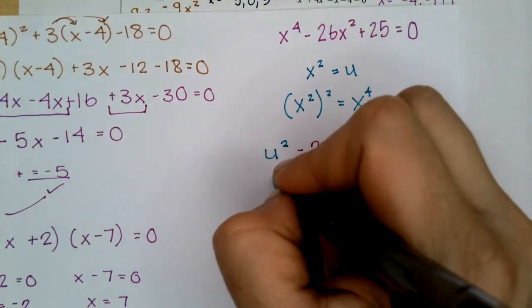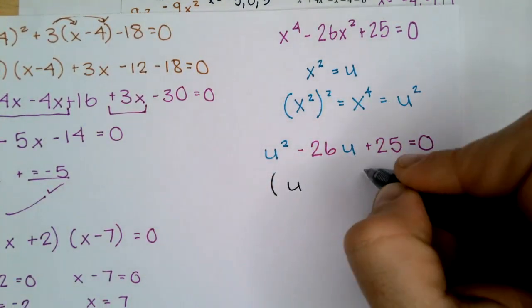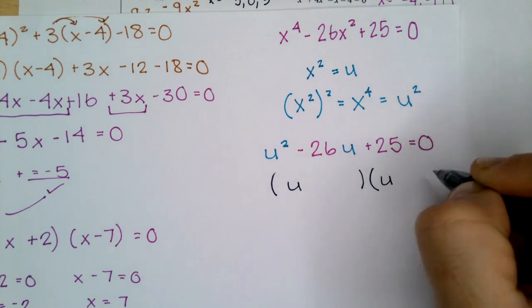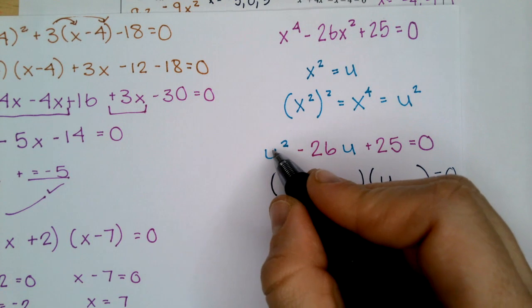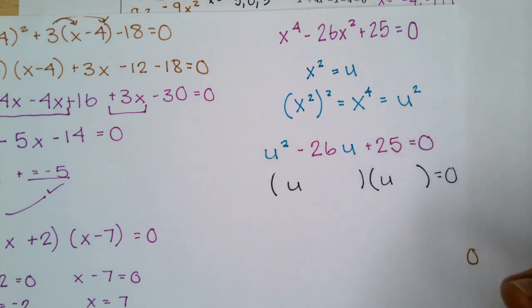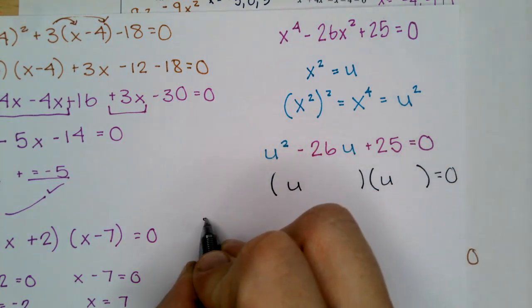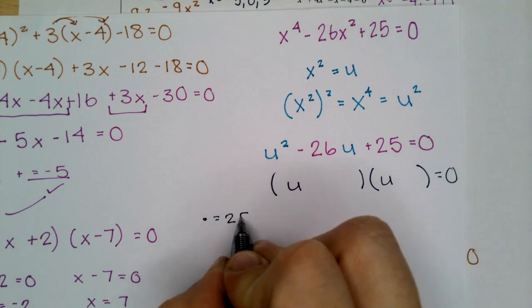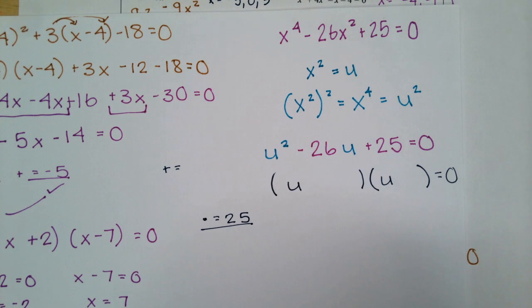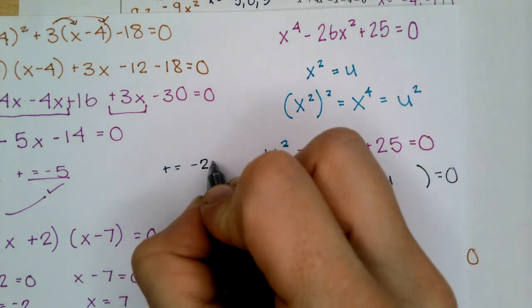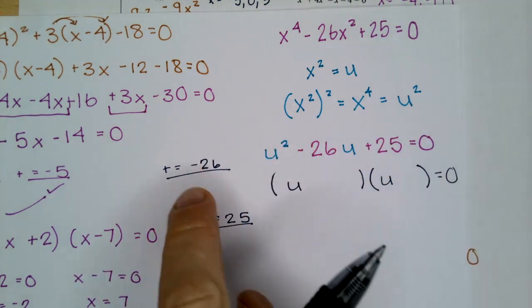Because what I have is u squared minus 26u plus 25. My a is 1, b is negative 26, and c is 25. So I need something that multiplies to equal 25. This is exactly what we used to do, right? And adds to equal negative 26. So it's, again, something you're now familiar with.